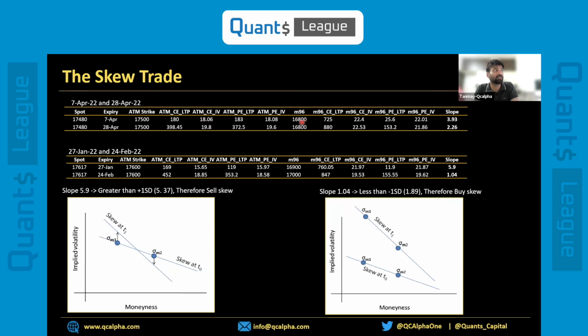Then my 96 moneyness option came out to be 16,800. The call and the put were trading at 725 and 25.6, with IVs around 22. The slope was 3.93.